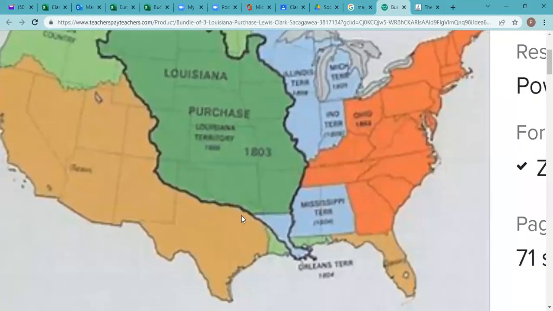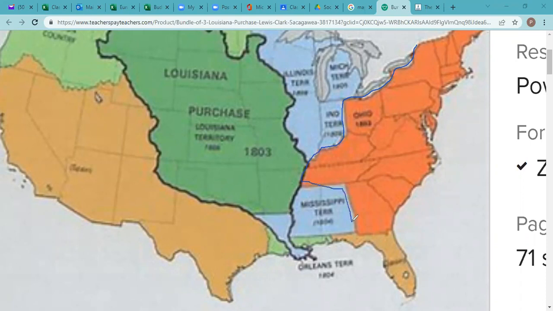All right, so over here in the orange area, you have the beginning of the United States. Pretty brand new. It has grown this far in the orange, and now the nation is pushing westward.